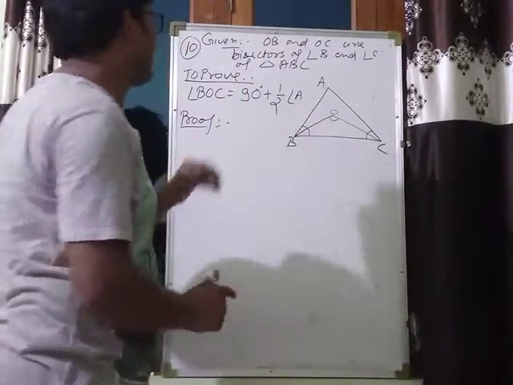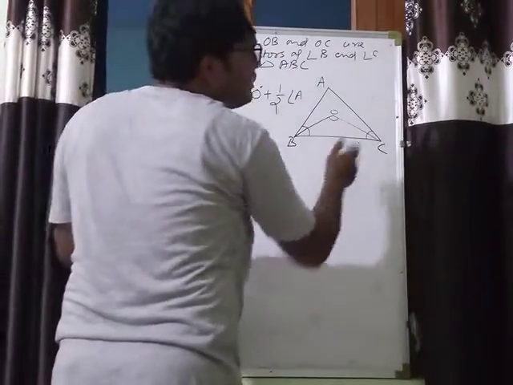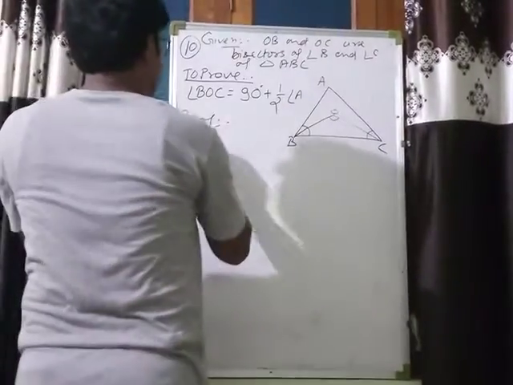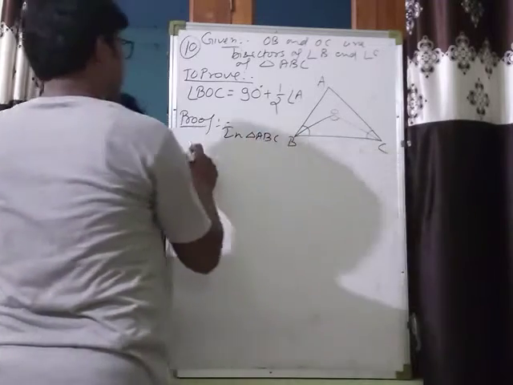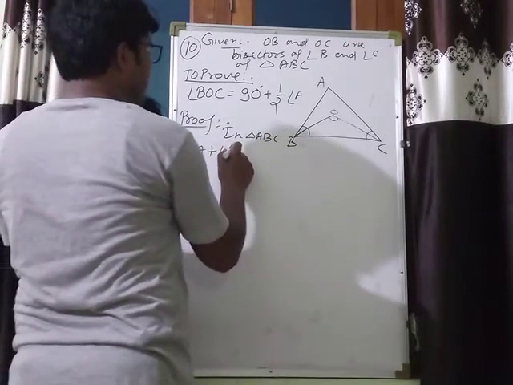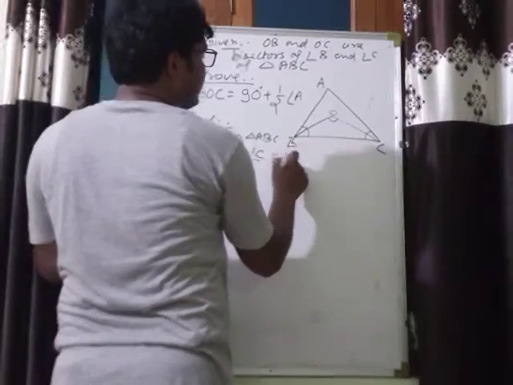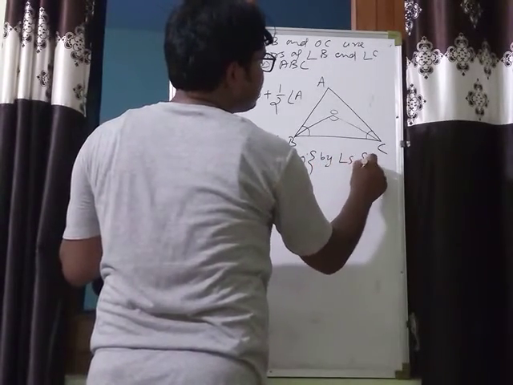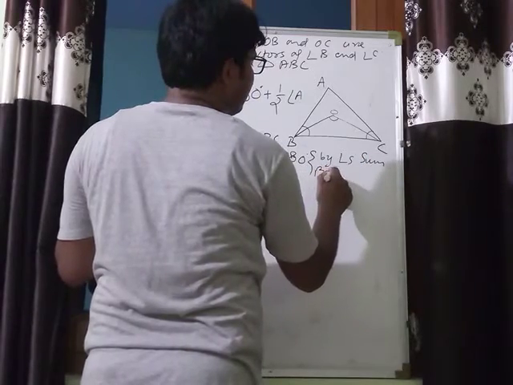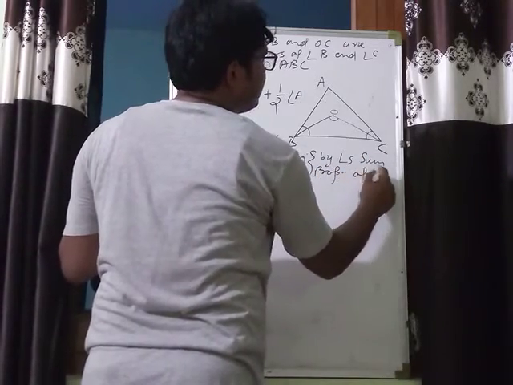What is the sum of angle A, angle B and angle C? In triangle ABC, angle A plus angle B plus angle C is equal to 180 degree by angles sum property of triangles.